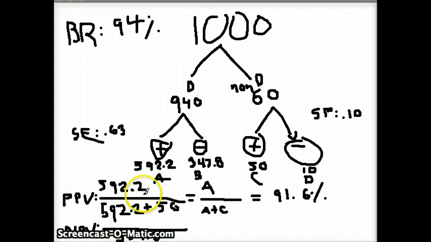And in the numerator here, we would then put, guess what? 10. 10 people are truly negative, people who don't have the disease and test negative, and that number turns out to be 2.8%.